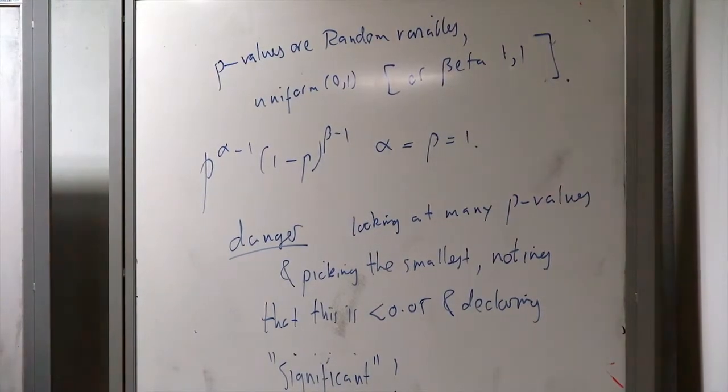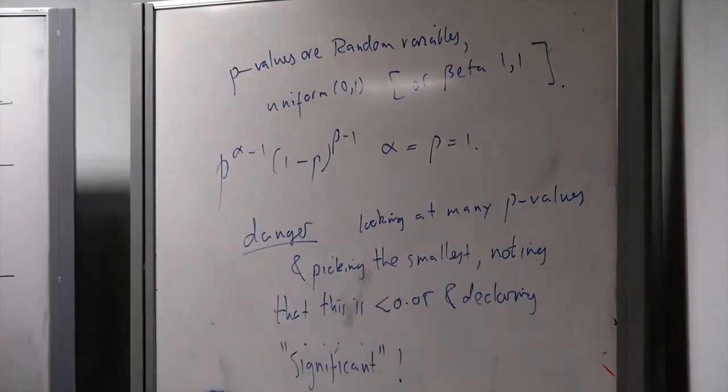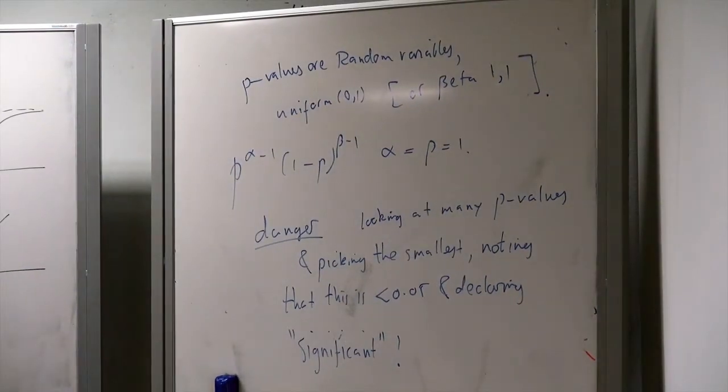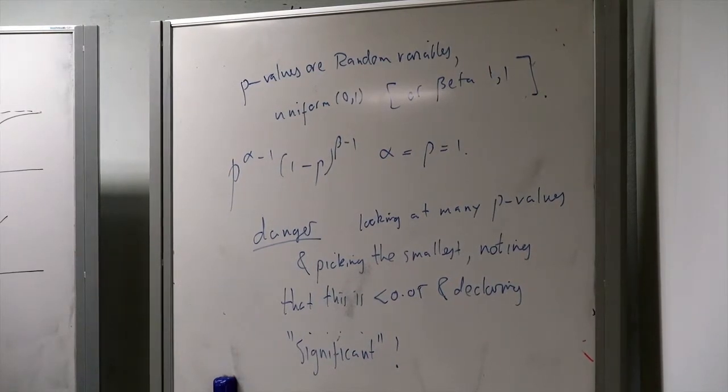Just as I've done there. You look at a whole bunch of p-values, you find the smallest, and then say it's significant. Well, one of them's going to be the smallest. How can we think about this? Well, I'll show you two ways to think about it.